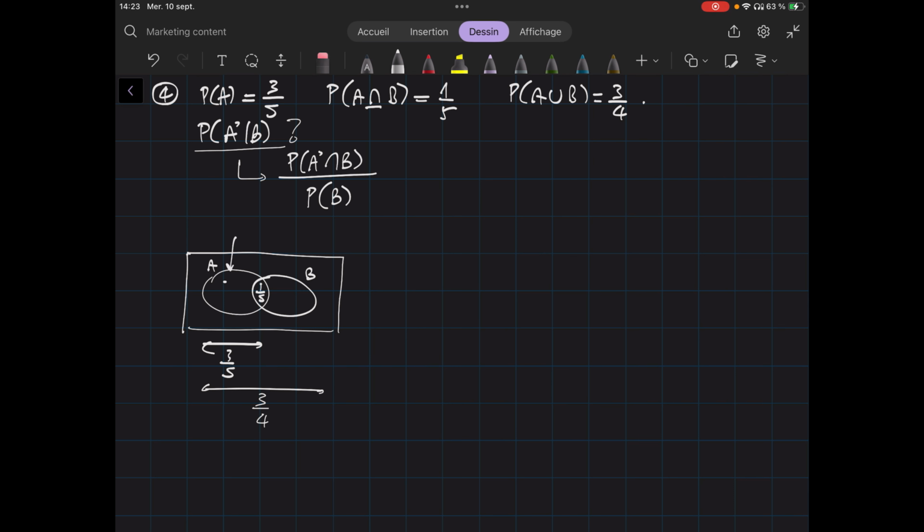This probability over here has to be 2 by 5, because those two add up to 3 by 5. This probability over here has to be 3 by 4 minus 1 by 5 minus 2 by 5, right? Because all three of them add up to 3 by 4. This means that this probability over here is 3 by 20.